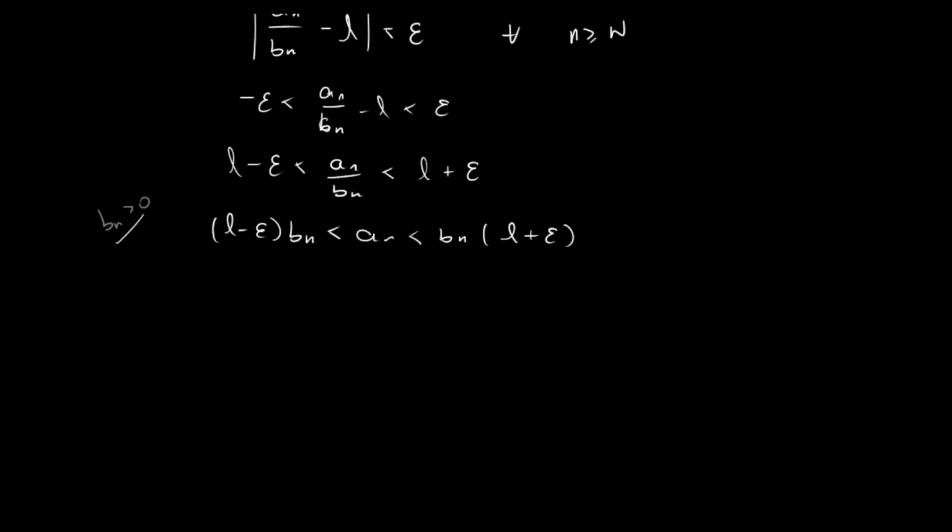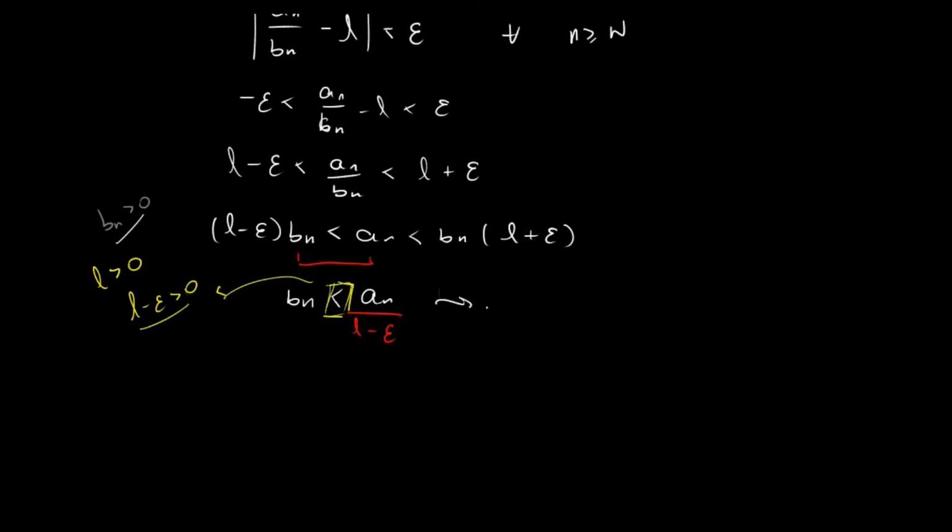The signs don't change because b sub n is positive. From the first inequality we have that b sub n is smaller than a sub n divided by L minus epsilon. So that this sign doesn't change, we take epsilon small enough so that L minus epsilon is greater than 0, because L was already greater than 0. If epsilon is smaller than L, then this is valid.